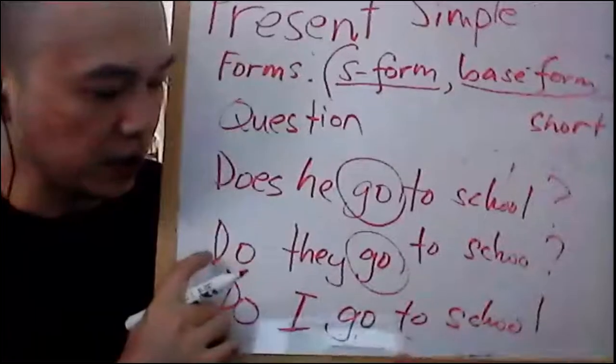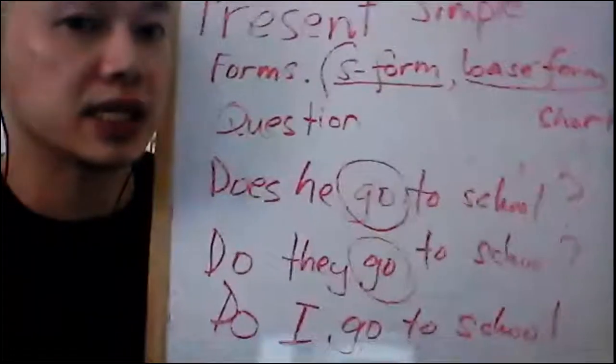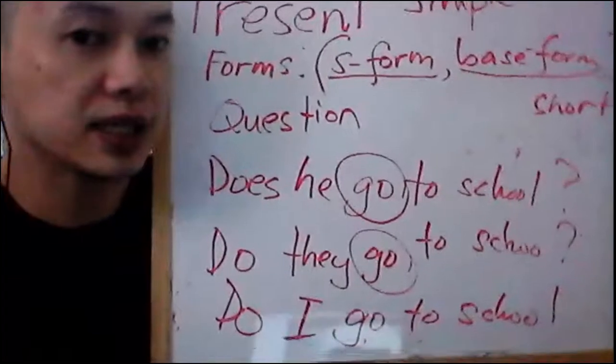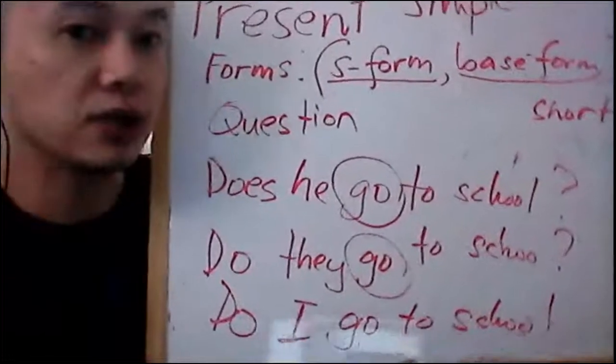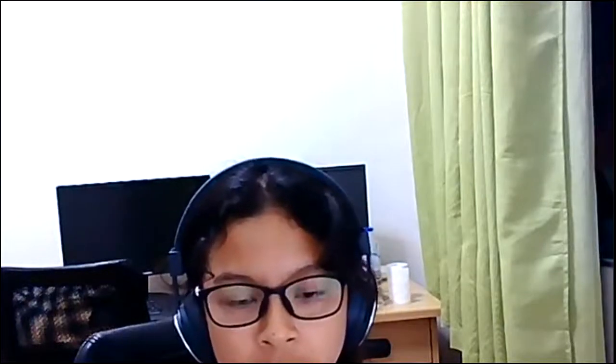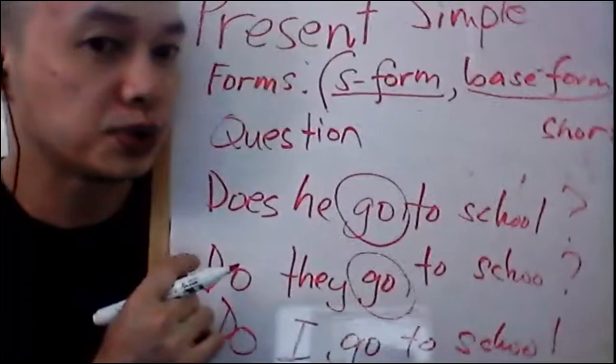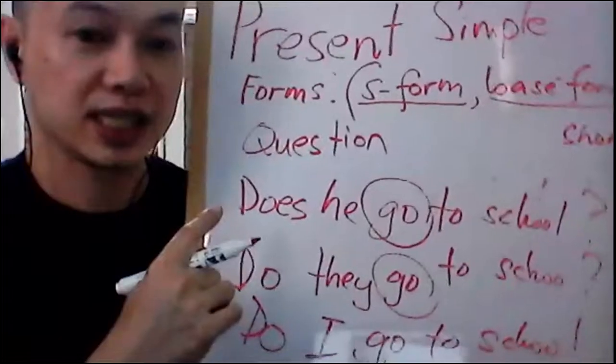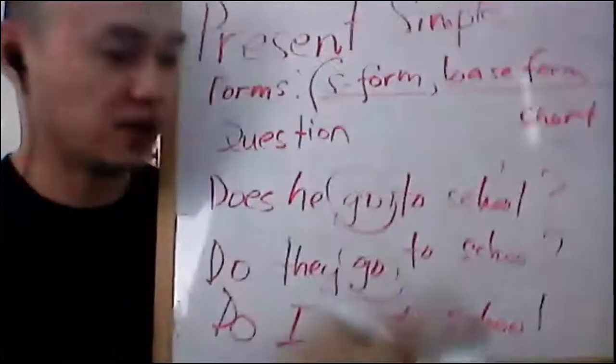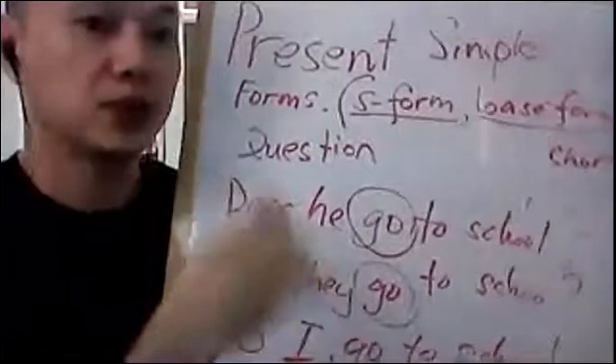How about if your question is, do they go to school? What is the yes answer? Short answer. Yes, they do. How about the no? No, they don't. Okay. All right. For plural, no, they don't.